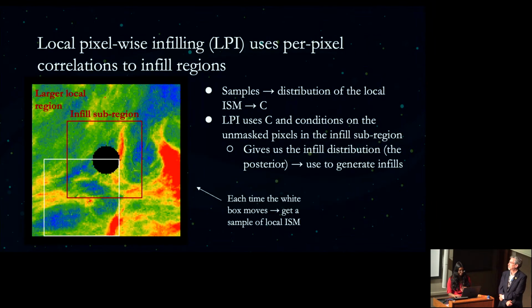The local distribution that we're using to model the infill region is built off of a larger region, but then the conditioning is done just using the pixels within the region that I was showing where the hole is being blown out. And so when you go to these really large radii, you have very few pixels with information that are telling you about the structures and so on in the actual image.